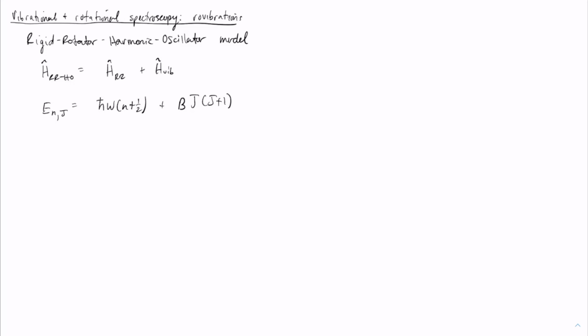Okay, and in this equation n can be 0, 1, 2, and so on, and j can be 0, 1, 2, up to infinity.